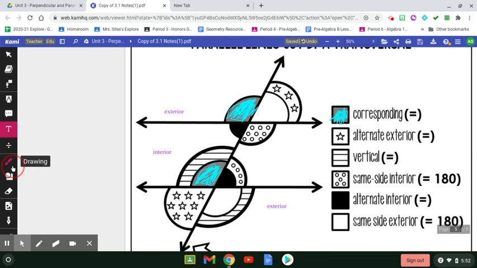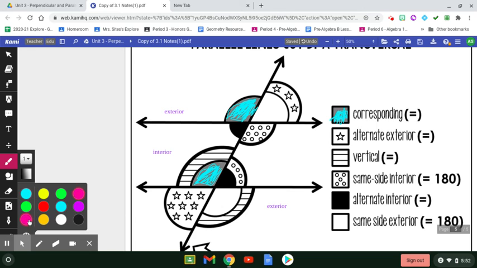Okay, the next thing that we're going to be coloring in would be alternate exterior. Okay, and you see that these are indicated by the ones that are the stars. So alternate exterior is if we were on opposite sides of the transversal. So remember, the line that cuts everything in the middle is our transversal.